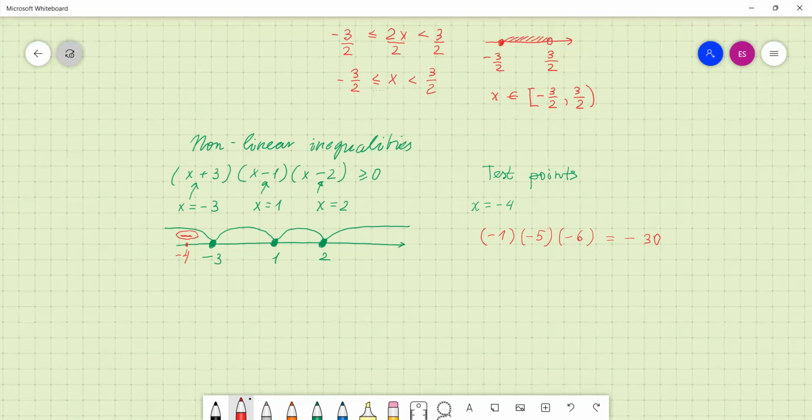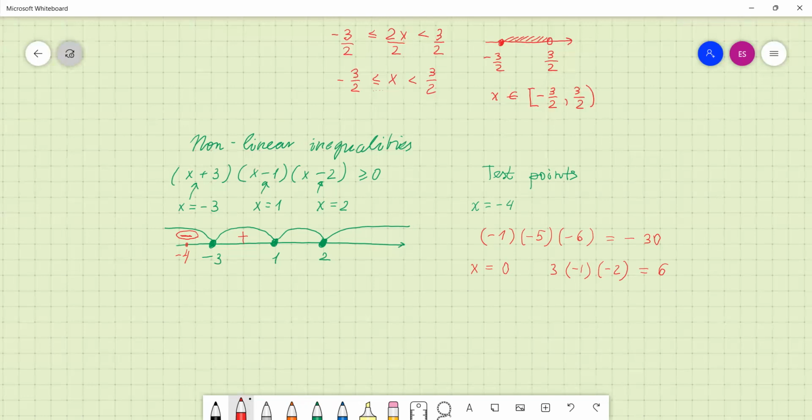I'm going to check other test points, like x equals, well, any point between -3 and 1; a good point is 0, right? And easy to check. If I plug it in everywhere, I'm going to get something like 3 multiplied by -1 multiplied by -2, and my total answer is going to be 6. But I just need to know that that's plus.